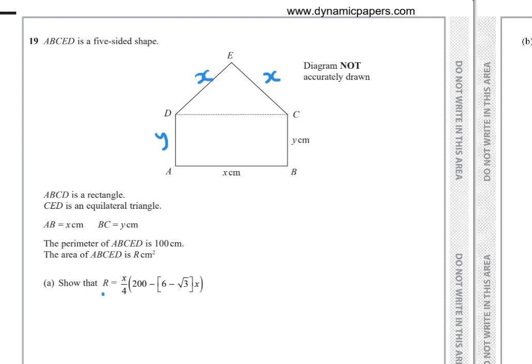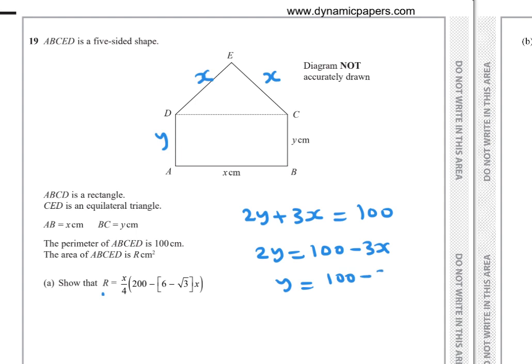This means 2y plus 3x. So 2y plus 3x equals 100. So 2y equals 100 minus 3x. So y equals (100 minus 3x) over 2. This is y in terms of x.